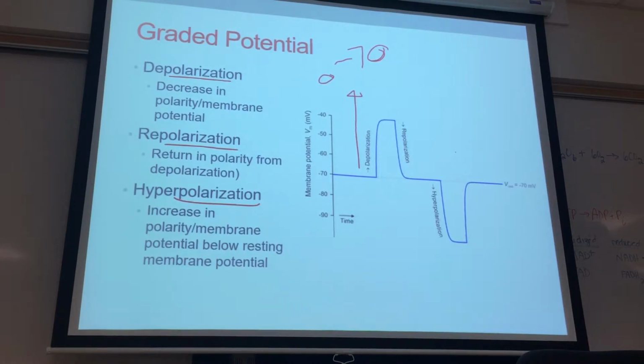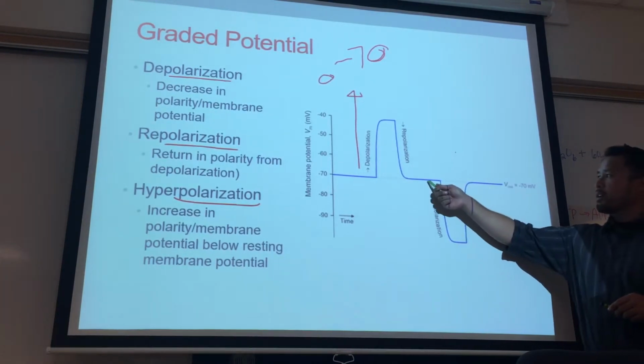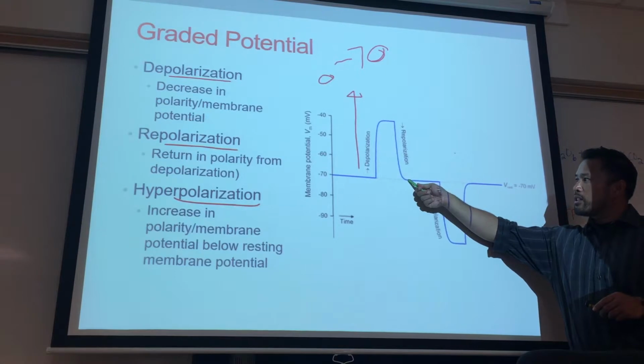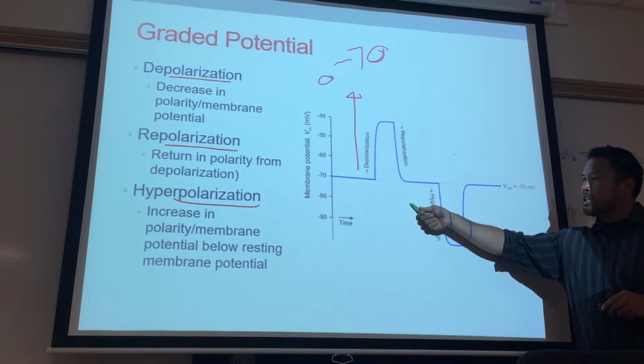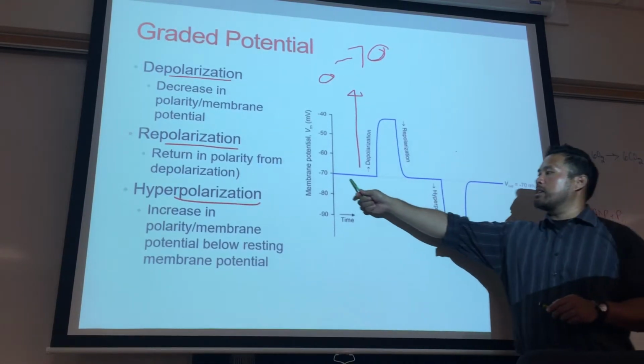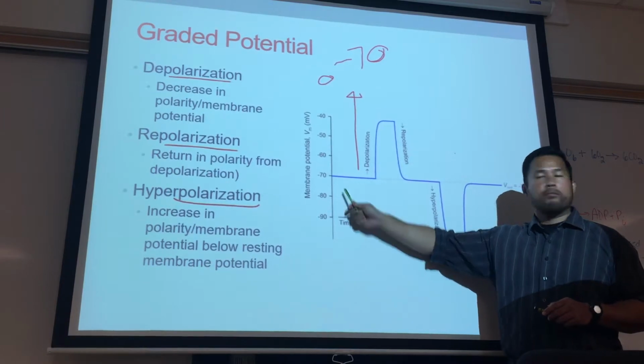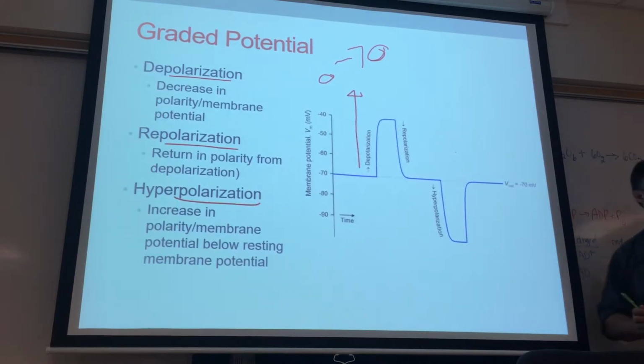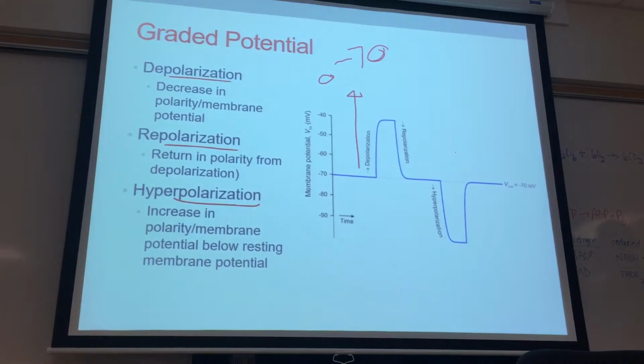And any repolarization that results in a decrease below the resting membrane potential is going to be called hyperpolarization. So these are the big changes that are taking place. So thinking about depolarization, repolarization, and hyperpolarization, let's take a look.